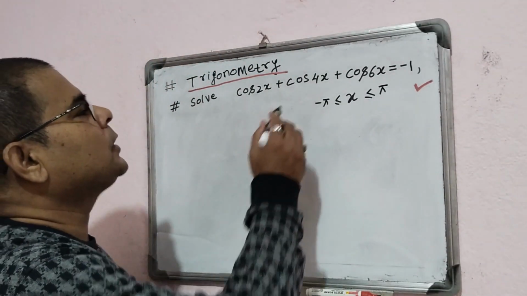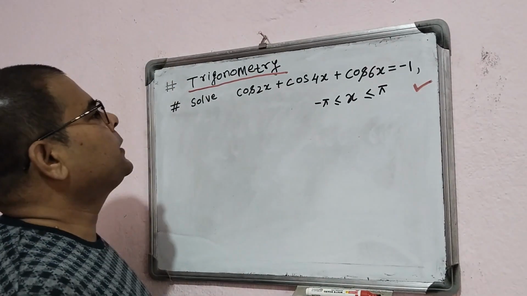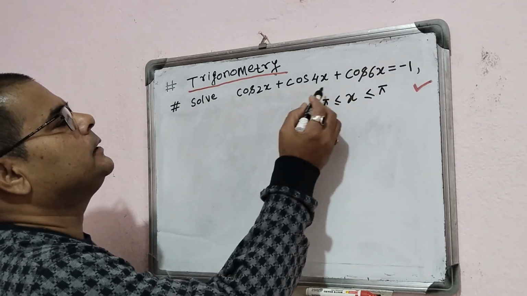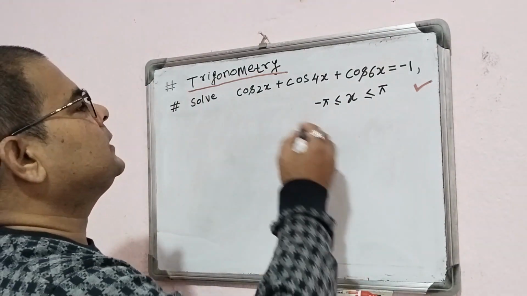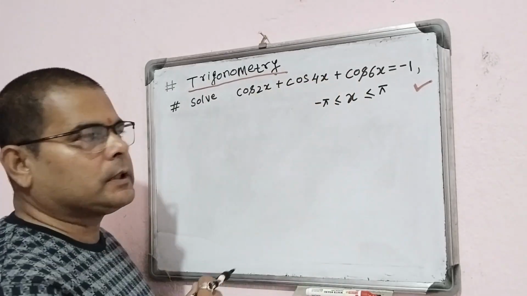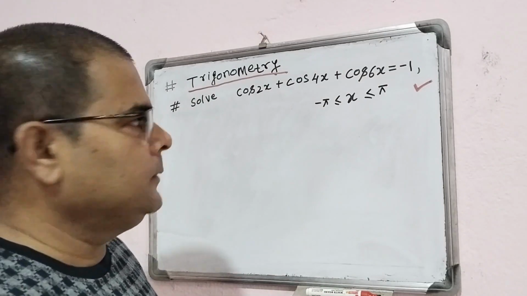Today I am going to solve a trigonometrical problem. You can solve this trigonometrical equation, and the value of x that you obtain through this equation should be between negative pi and positive pi.